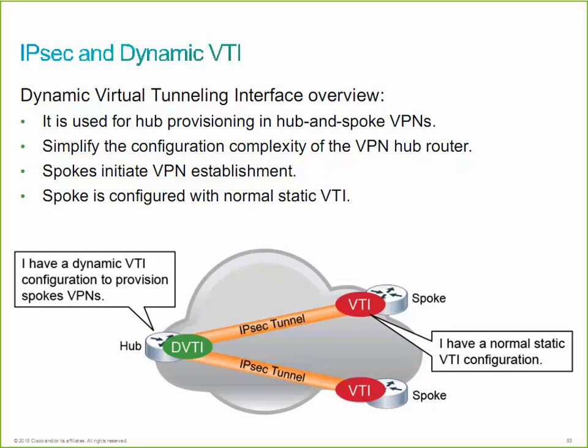The spoke peer initiates the VPN connection, which creates the tunnel and triggers the creation of that hub DVTI interface. Okay? So on the spoke side, we have a normal static VTI configuration that allows us to provision the tunnel to that hub. So we can't do dynamic on both sides, but it does provide the ability to create that virtual tunnel dynamically.